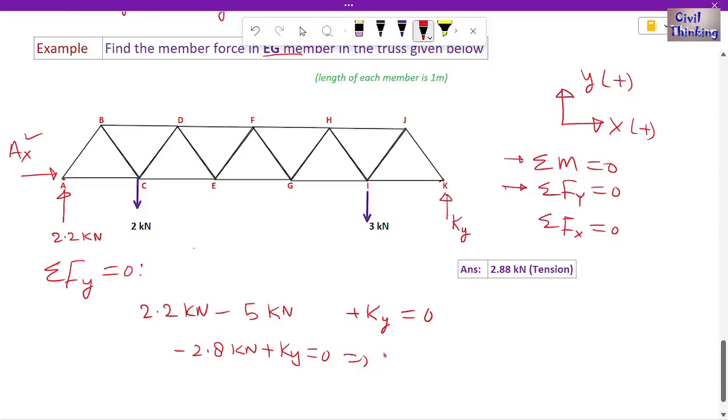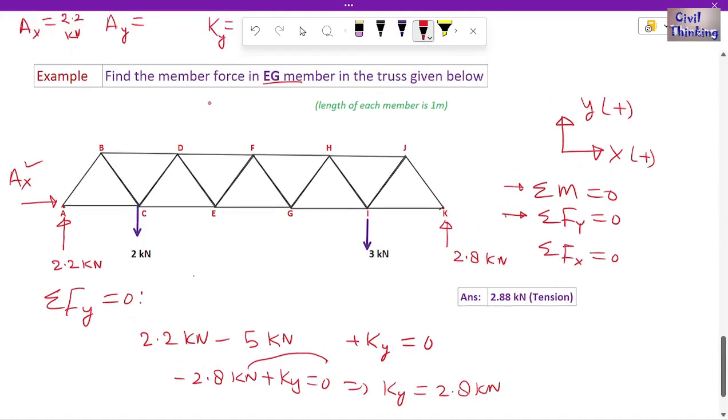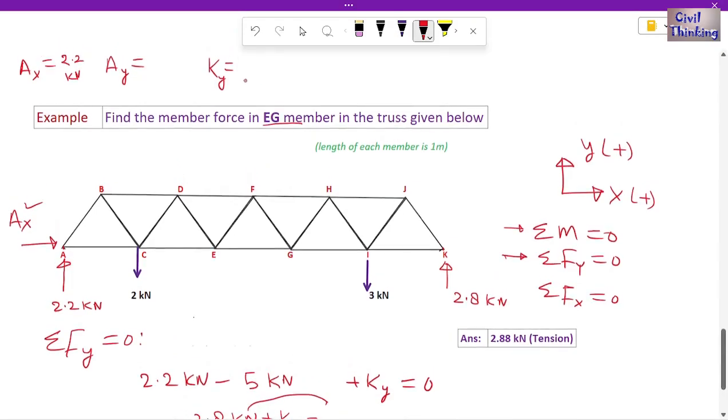Now from here, what will be the value of Ky? It is going to be positive 2.8, right? So we found the value of Ky to be 2.8 kilonewton. I will write it again here. Ky is 2.8 kilonewton.